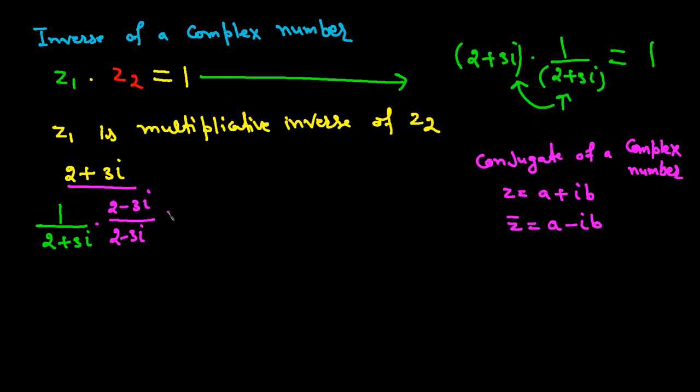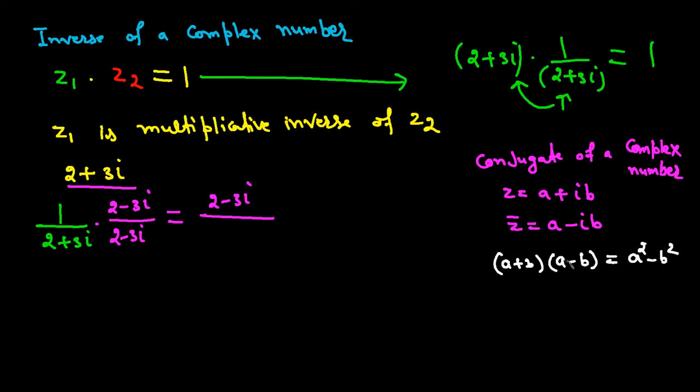Multiply and divide. So this gives me 2 minus 3i over, and here we can use the identity again, a plus b into a minus b, which is equal to a square minus b square, or you can just distribute or FOIL those factors to get your equation.